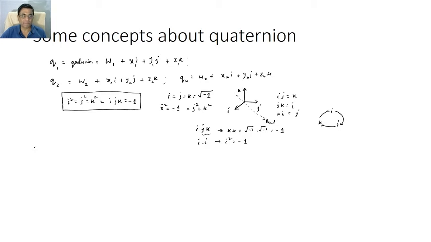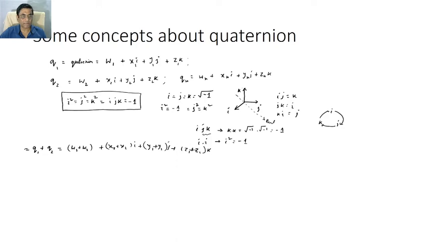Now if I would like to add two quaternions, what will it be? It will be W1 plus W2, plus x1 plus x2 times i, plus y1 plus y2 times j, plus z1 plus z2 times k.